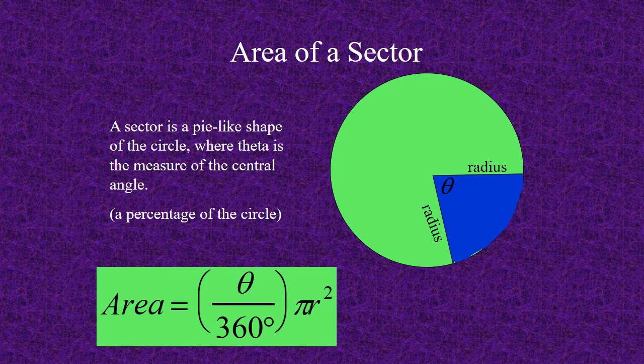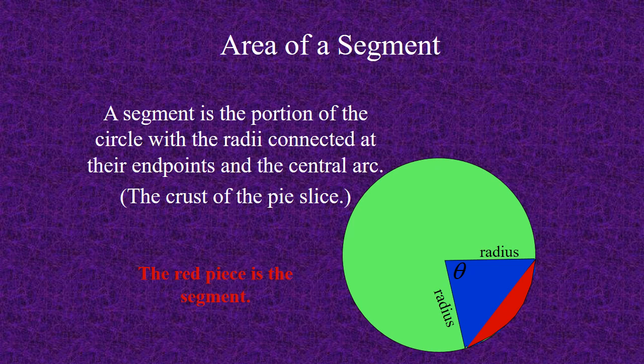Now the area of a sector is basically the proportion of the circle we've got, so whatever angle we've got divided by 360 times pi times the radius squared. So that's a sector. Now the area of a segment is basically the sector with a triangle taken out of it. It's like imagining that you cut a slice of pie but didn't want the crust, or a slice of pizza. So the red bit is the segment.